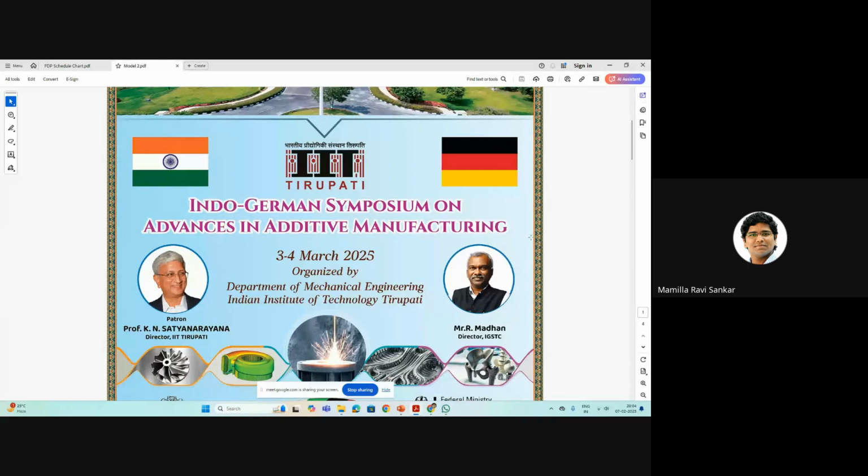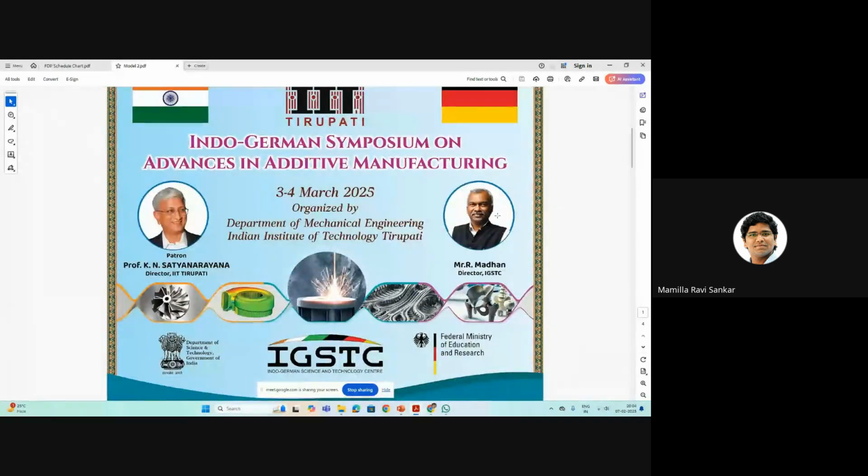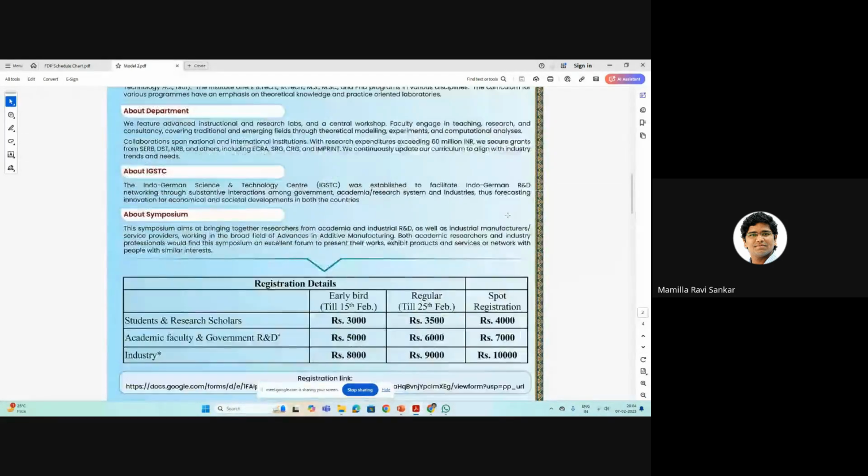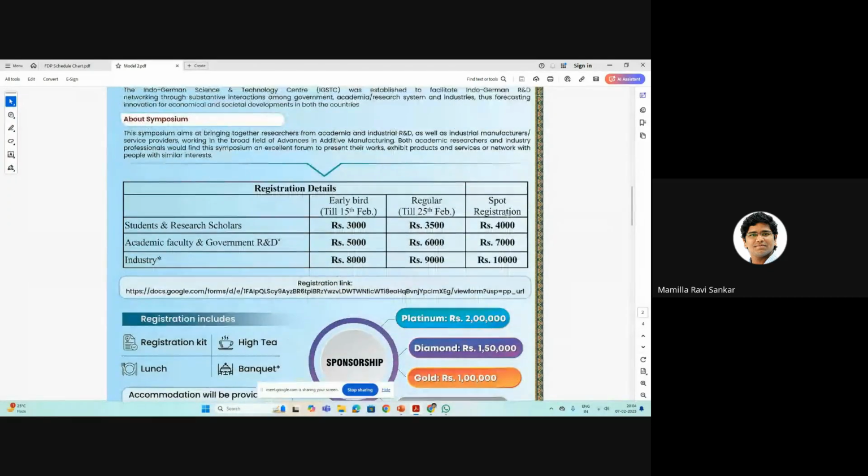So this is the program that we are conducting, the Indo-German Symposium on Advances in Additive Manufacturing. Those people who want to, they can come. We are getting a lot of requests from people to reduce the cost. This is the registration cost we put.